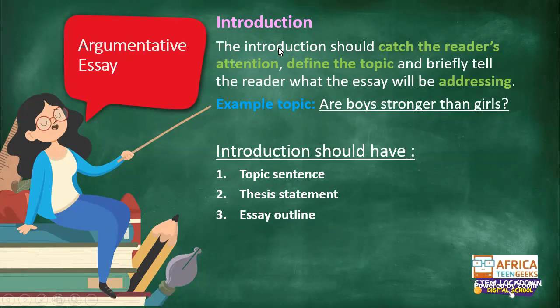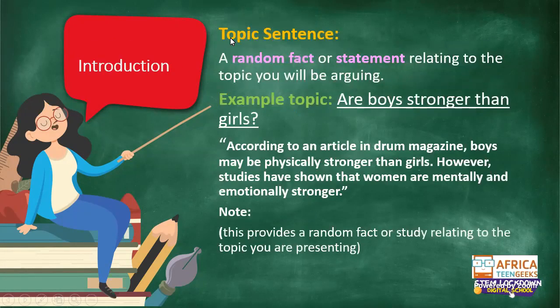The topic sentence of the introduction. The topic sentence includes a random fact or statement relating to the topic that you will be arguing. Our example for today, are boys stronger than girls? So, this is how you are most likely to begin your topic sentence. Remember, your topic sentence has to have a random fact or a statement.